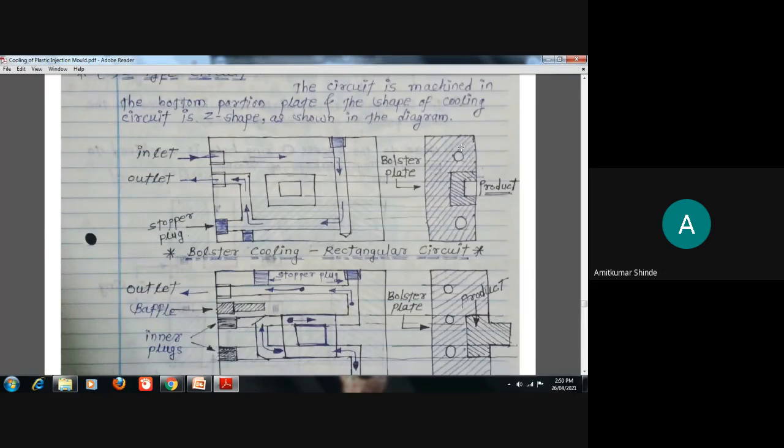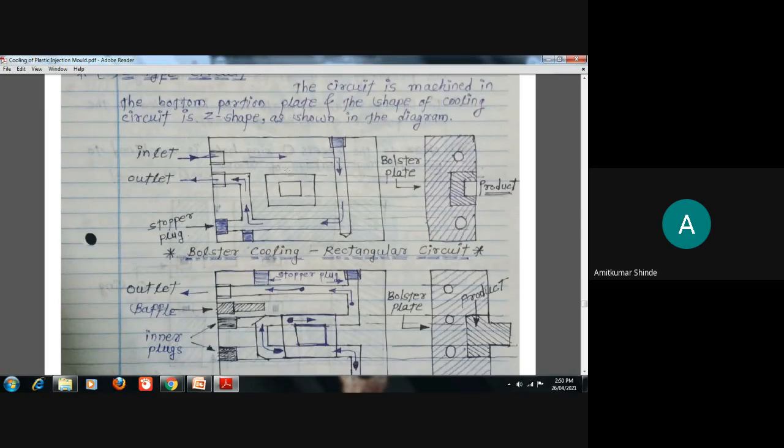In this bolster plate or supporting plate, that rectangular circuit or the Z-type circuit is machined or drilled, and the working fluid will flow through that circuit and cooling is obtained.